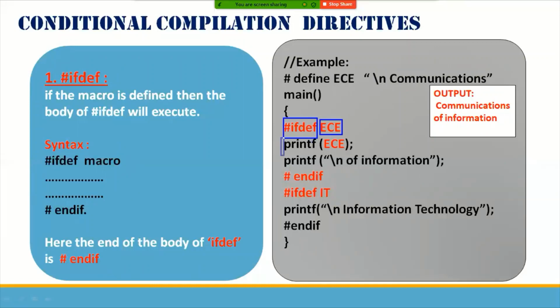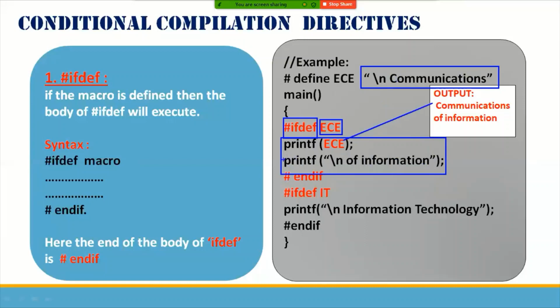So printf of ECE and of information in two different lines. The output will be communications, since this macro symbol's constant value is communications. In the next printf statement, the new line backslash n is specified, so information will be displayed on the new line.